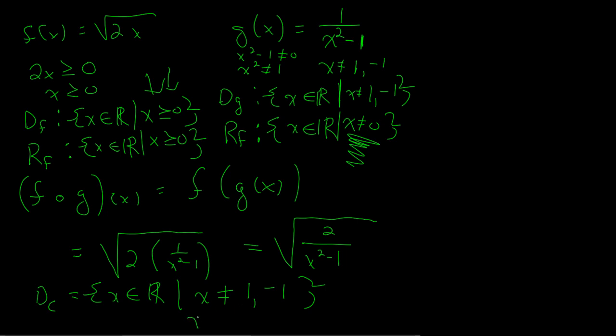And x actually has to be greater than 1 or less than negative 1. What do I mean by that? Well, what's inside of here can't be less than 0. I get a negative number when x squared is less than 1, right? If x squared equals 0.5, 0.5 minus 1 is negative 0.5.